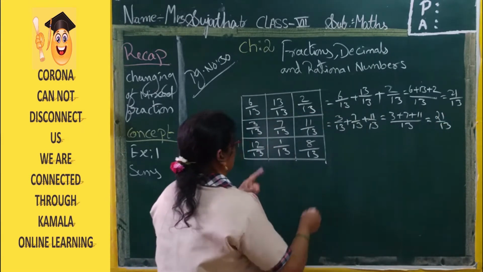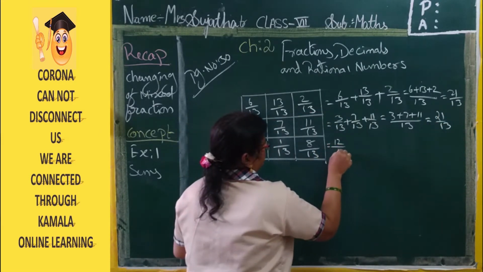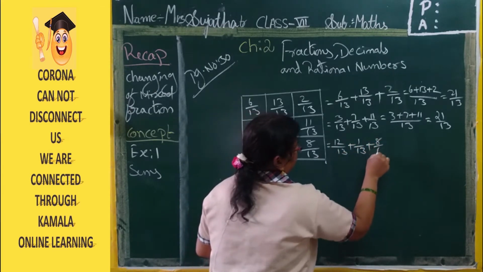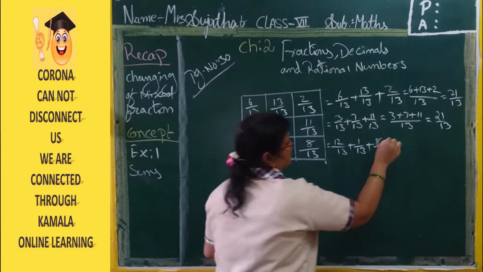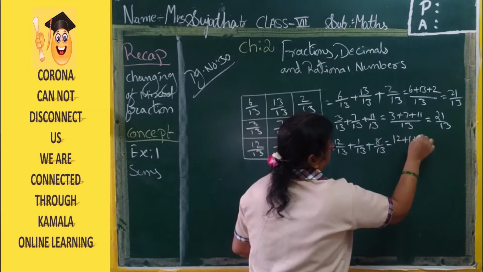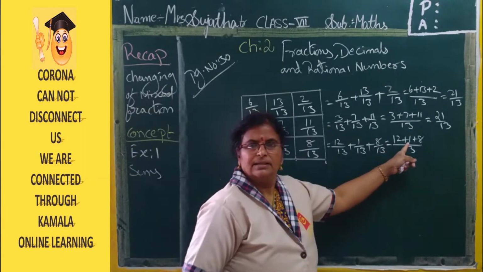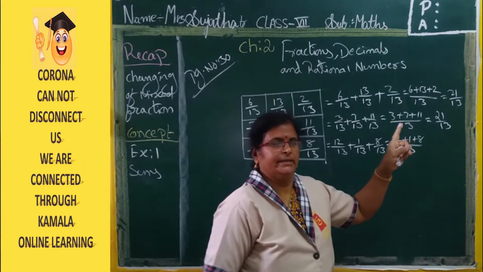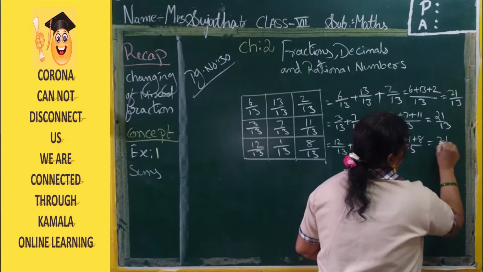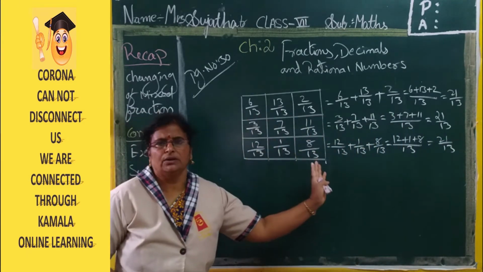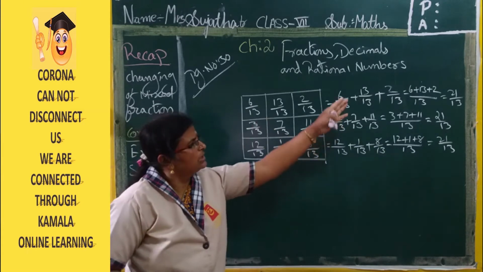Now the last row: 12 by 13 plus 1 by 13 plus 8 by 13 is equal to 12 plus 1 plus 8 by 13. 12 plus 1, 13. 13 plus 8, 21. 21 by 13. Now we got the same answer for all the horizontal rows, no? In all rows you got the same answer.